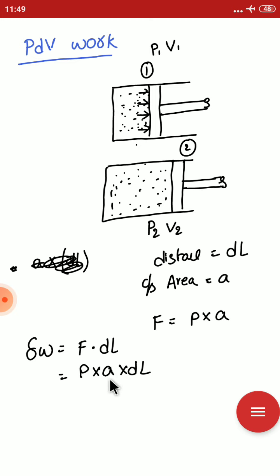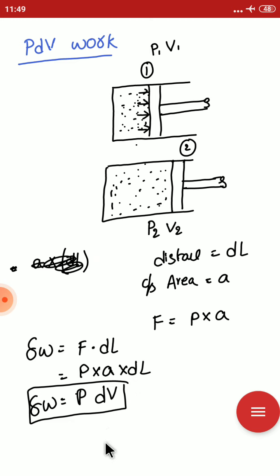Area into L is the change in volume. So it is P into dV. This is the PdV work, or displacement work.